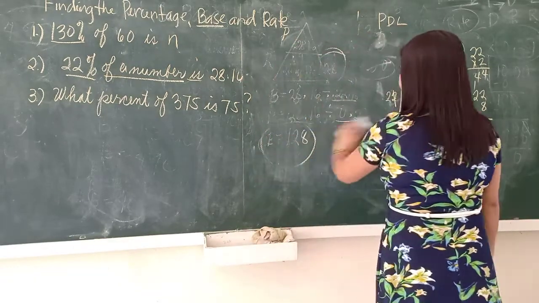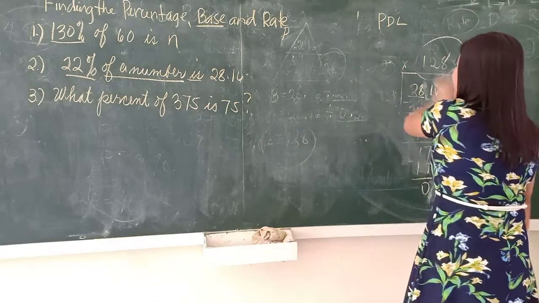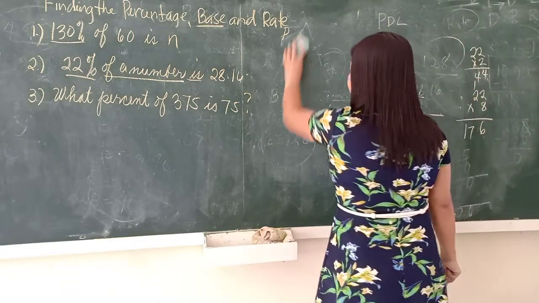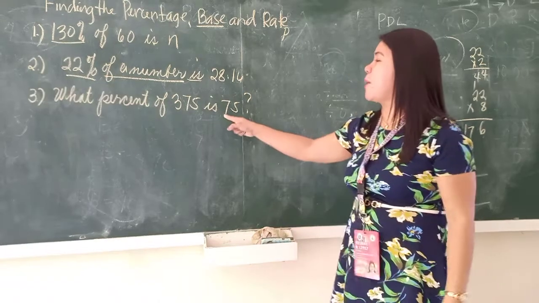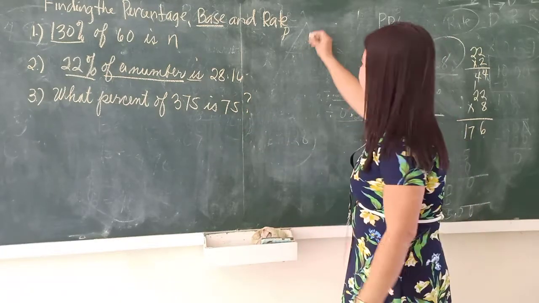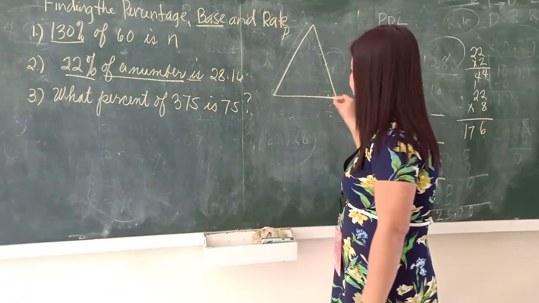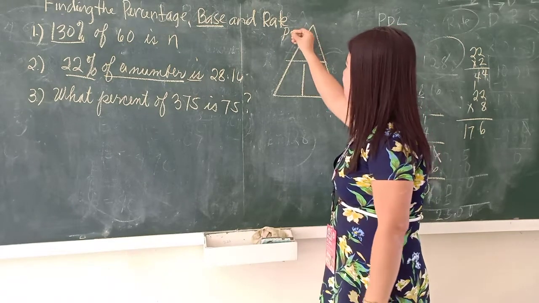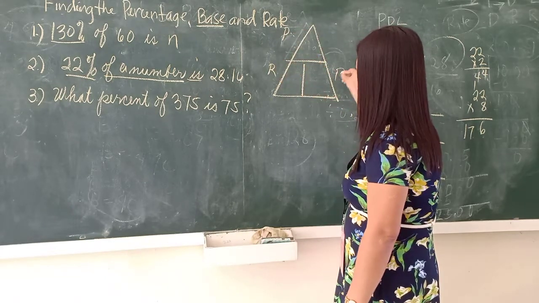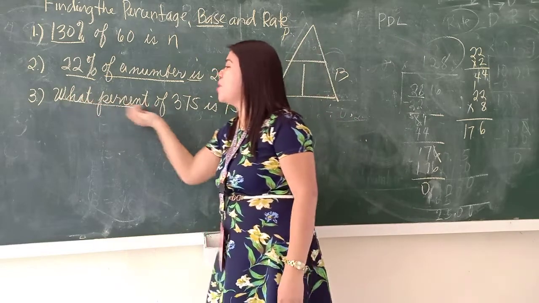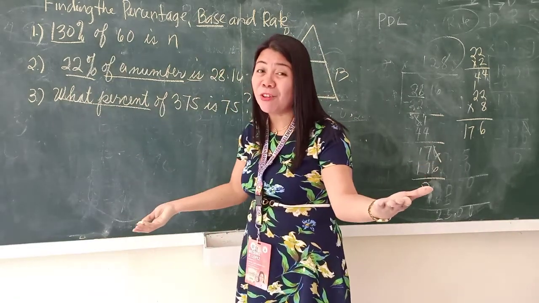Last example. Sagad na ka mo ni children. Okay, last example. What percent of 375 is 75? Again, Chance triangle. Percentage, rate, and base. O, what percent? Percent ay napamangkot.